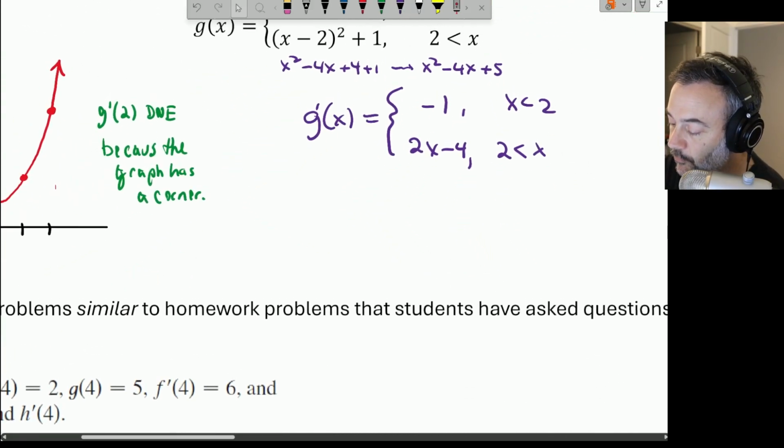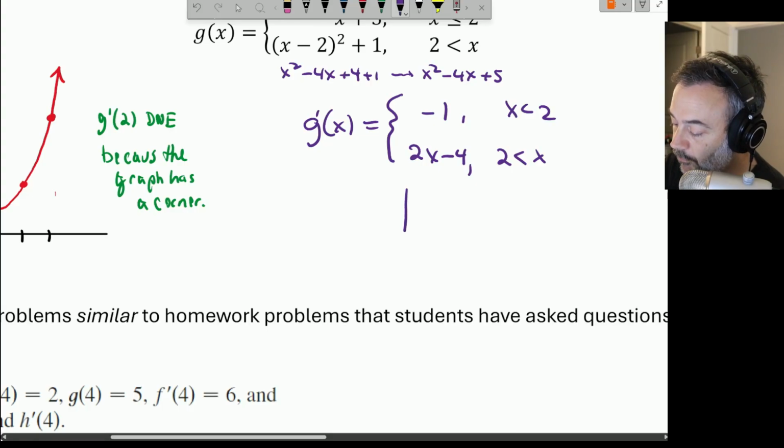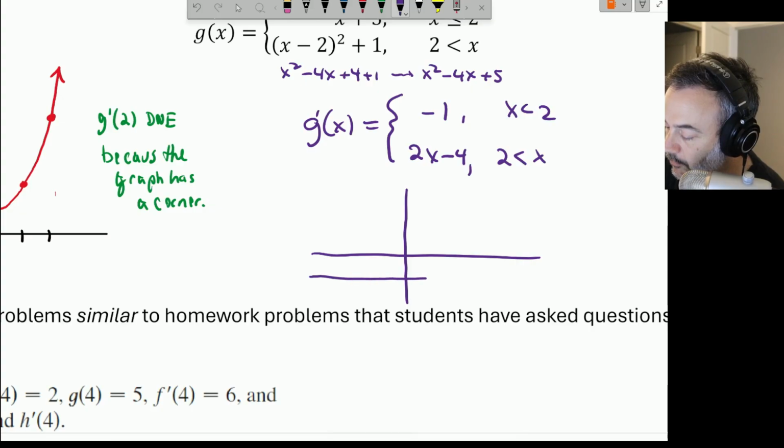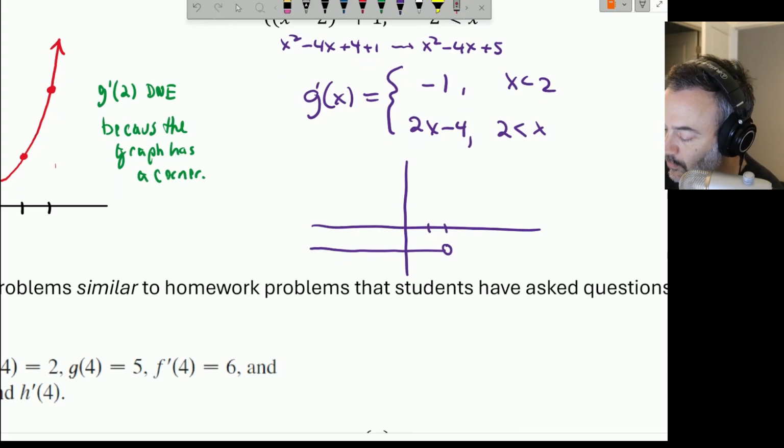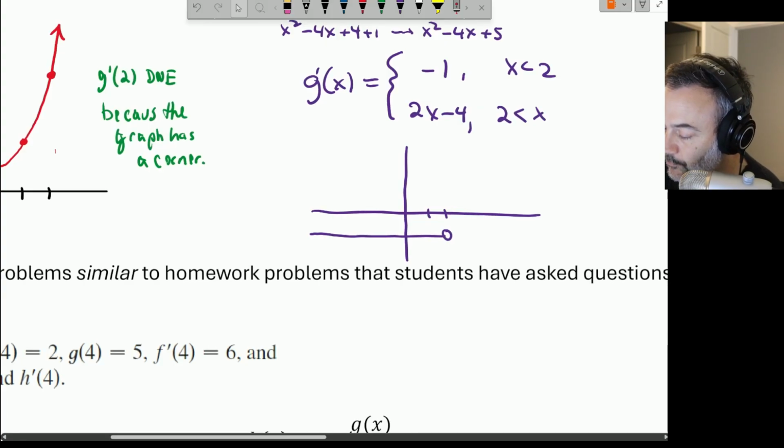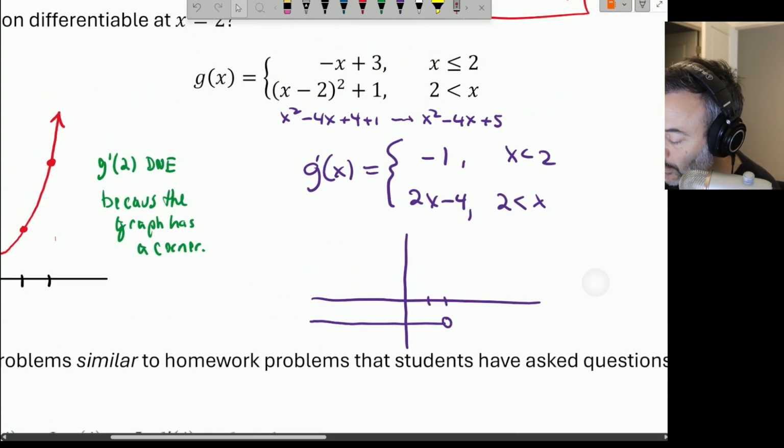Now, if I were to graph the derivative, I would get -1 all the way up to 2. And then I would get 2x minus 4. Well, 2x minus 4 would be what?